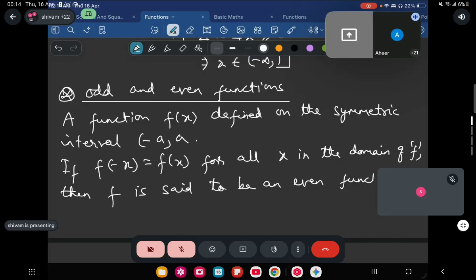So it's symmetric about the y-axis. You see, the y-axis acts as a plane mirror for even functions.